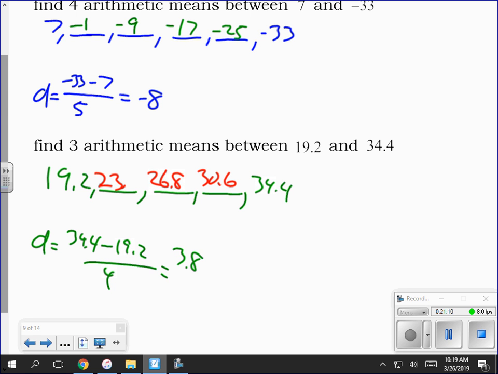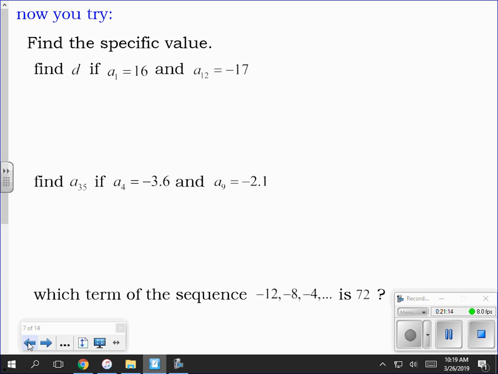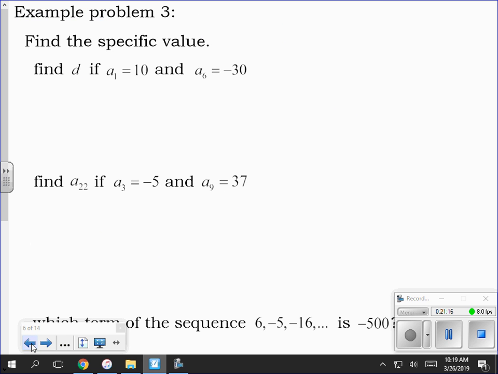So if we go back to where we skipped, there we go. First problem is find D between those 2 numbers. Okay, same idea. I don't have to draw the spaces in between, though, if I'm given where they are in the sequence.